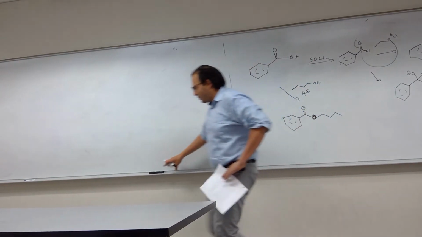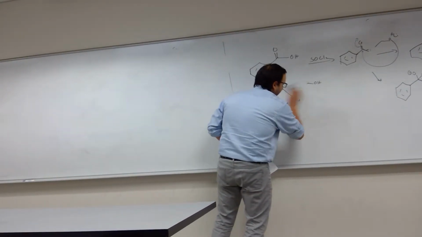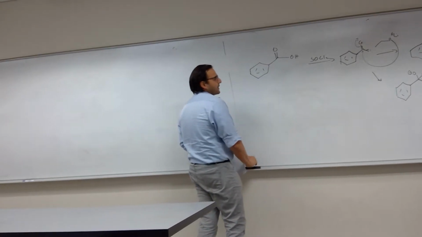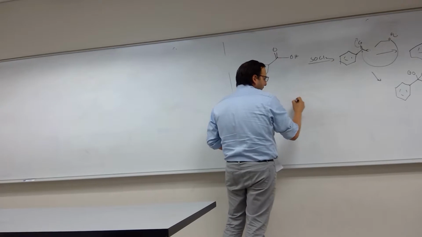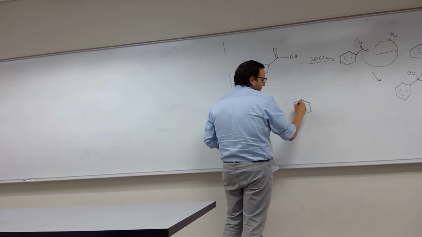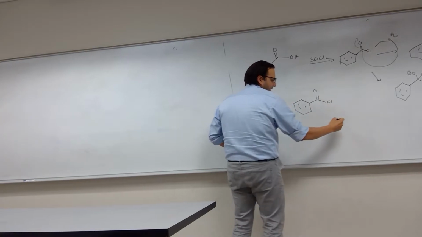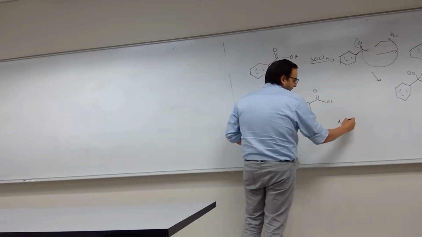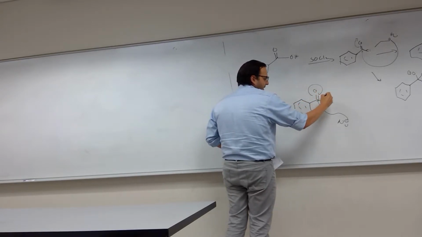Sometimes what you'll see in some books or in some resources, what I've seen, I used to do it at some point like this, or from here, from your chloride, you have this nucleophile attacks, this goes here, and this leaves.